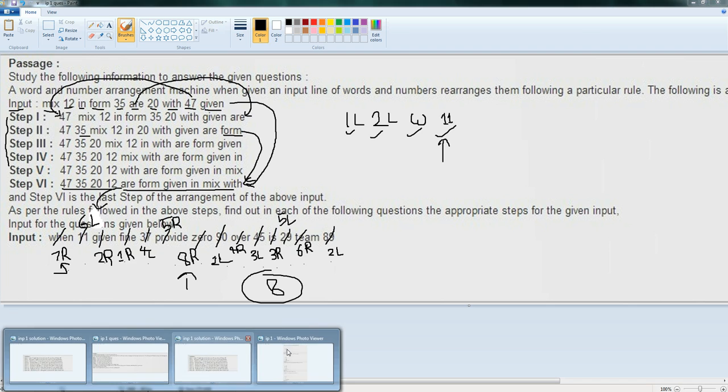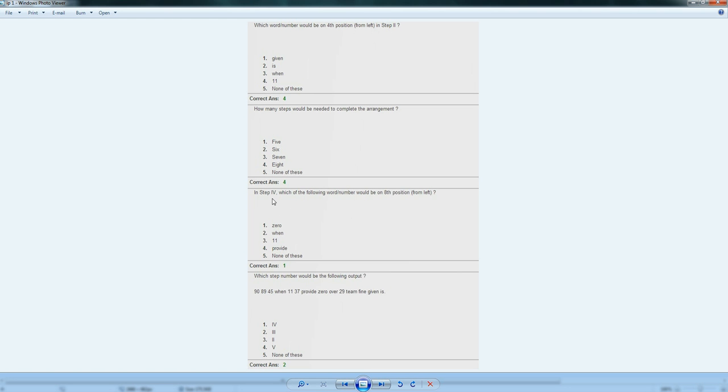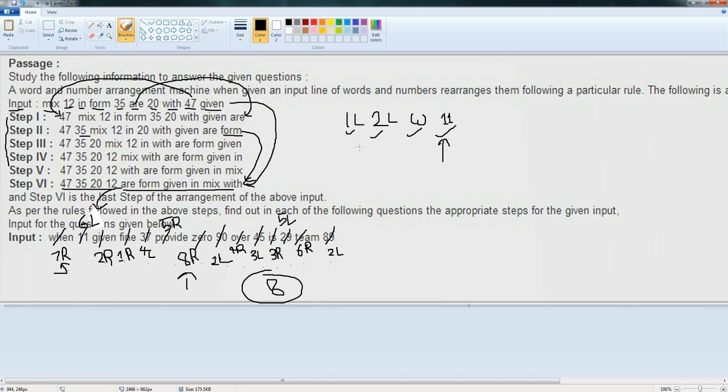The next question they have is, in step 4, which of the following words or numbers would be on the 8th position from left? What we are going to do again is write only the element numbers, because they ask only for the 8th element in step 4 from left, so we'll write from the left side.